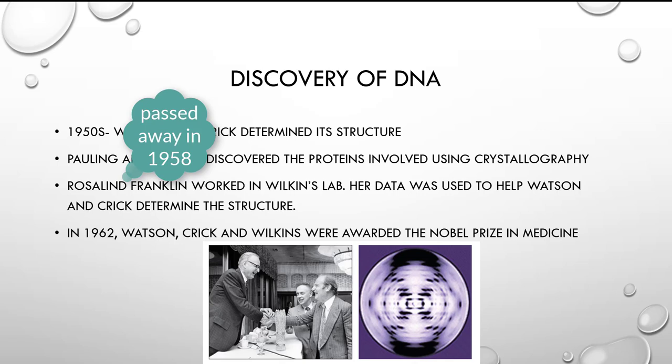Well, she died in 1958, and based on the rules of the Nobel Prize at the time, they couldn't award it posthumously, which means that you can't give it to somebody who's already died, and so she was left off. I think they changed the rules in the 90s or something, but that was obviously later. She would have been awarded it if she was alive, but she had died before 1962 when it was awarded. So that's who discovered it.